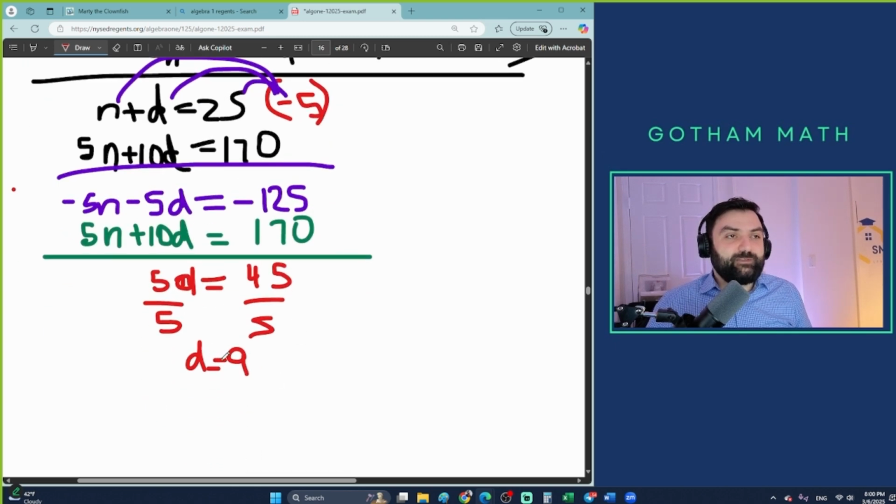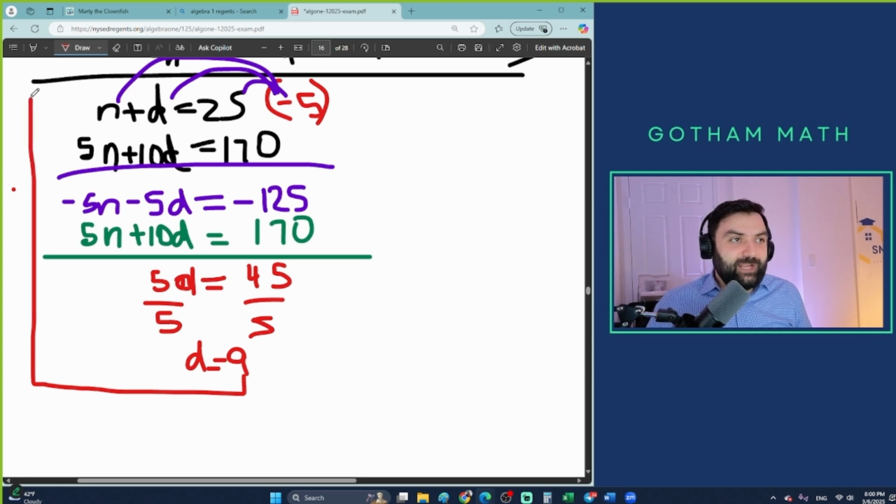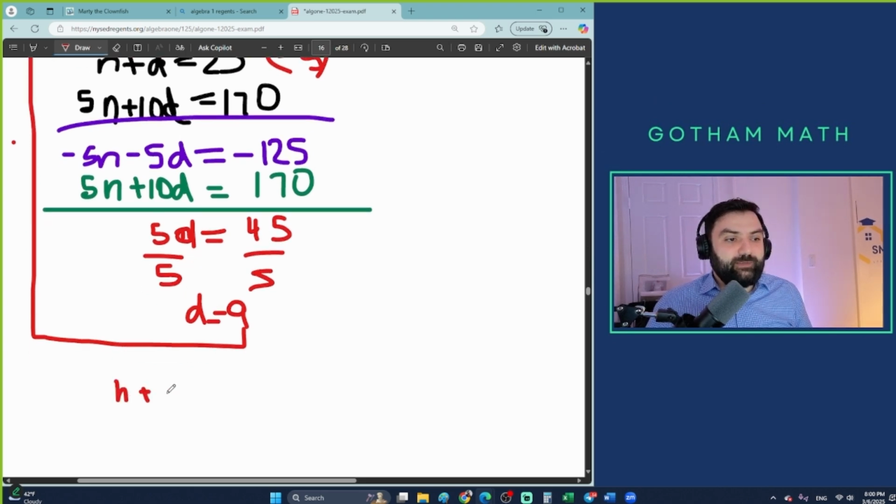If I have d equals 9, I can go back. So there are 9 dimes. That's what it means, 9 dimes. So if there are 9 dimes and the total amount of coins is 25, it means that the nickels would be 16. There are 16 nickels and 9 dimes.